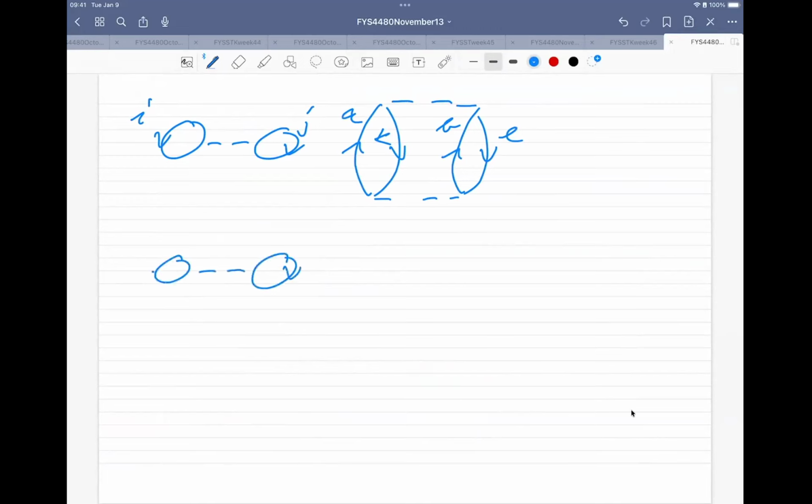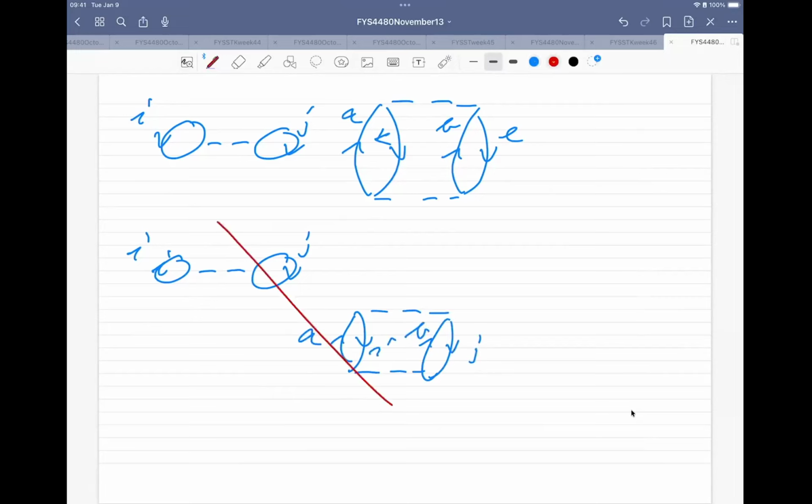If I look at what I put up here as intermediate states with I and J, I cannot have something like this. So we're just going to put a cross over this one.